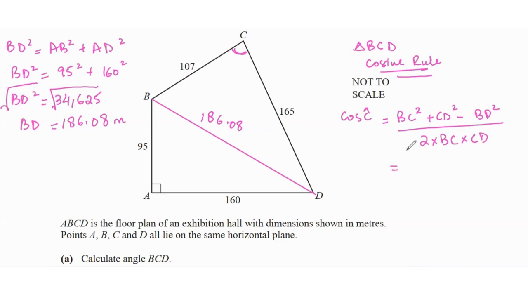So that's going to be 107 squared plus 165 squared minus 186.08 squared, divided by 2 times 107 times 165.